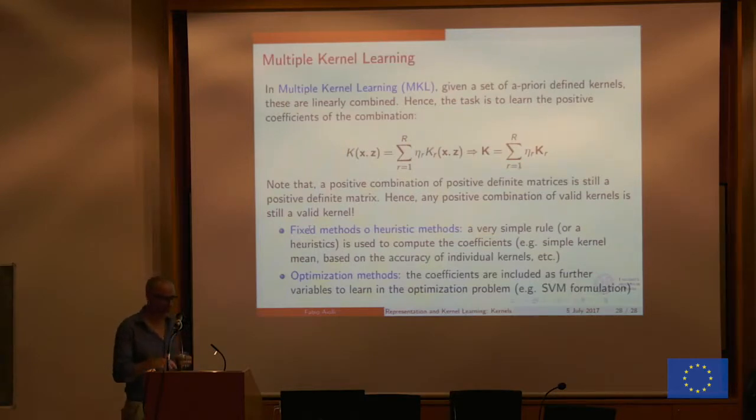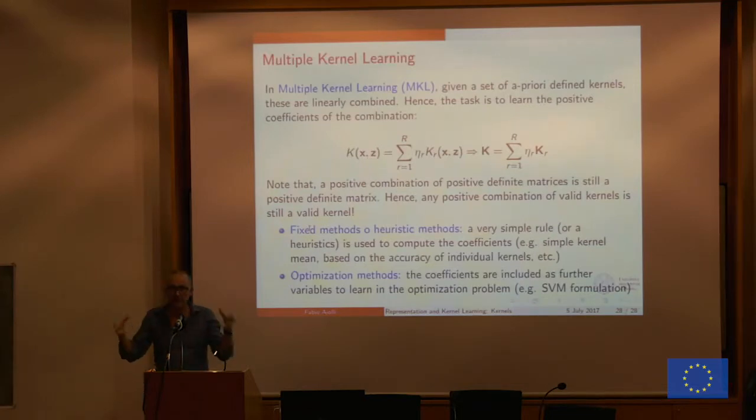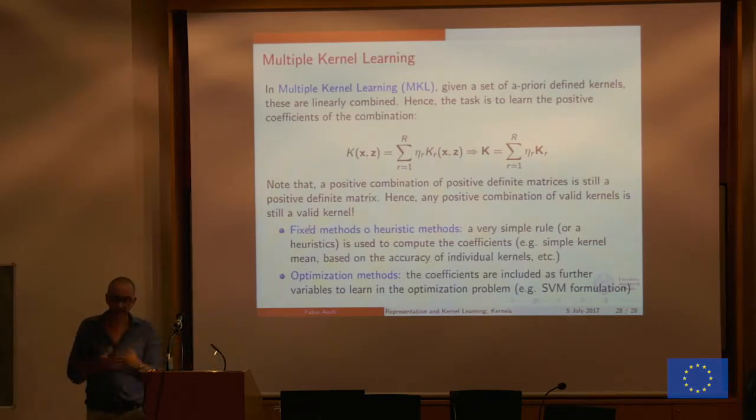But we will see some results about the expressiveness that motivate the use of particular kernels, because they are very general. They can be used as a brick to build very complex kernels.